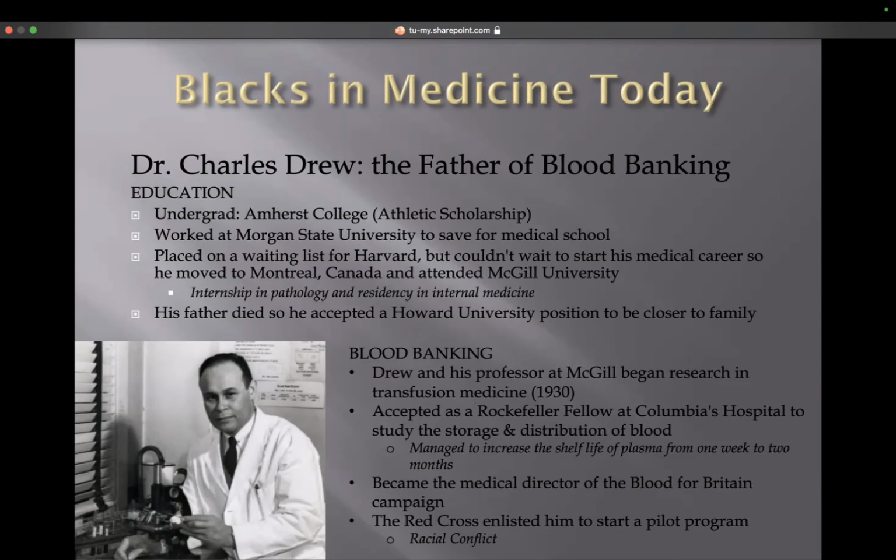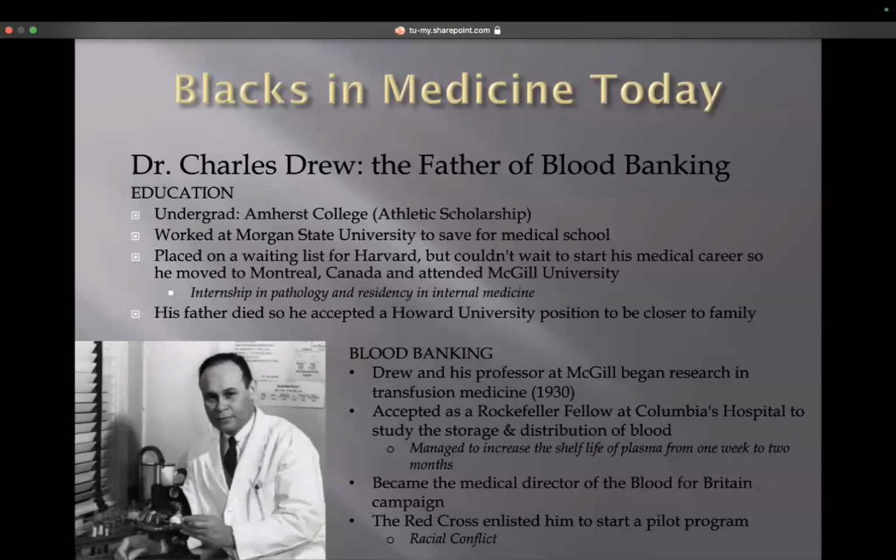Basically, when it's stored it would expire or go bad within 1 week, but during his research and his time at Columbia University, it extended to 2 months. So it was very significant.